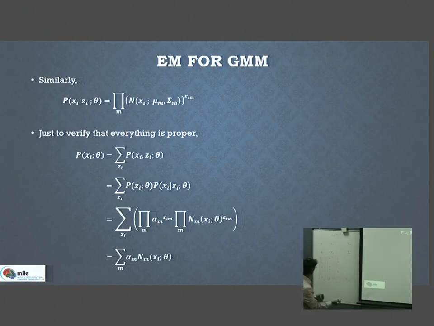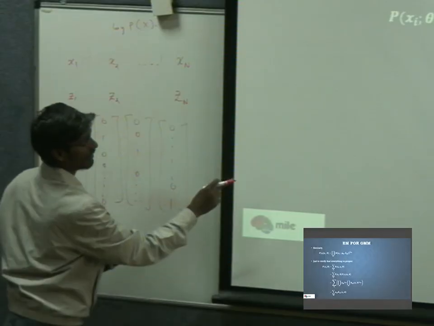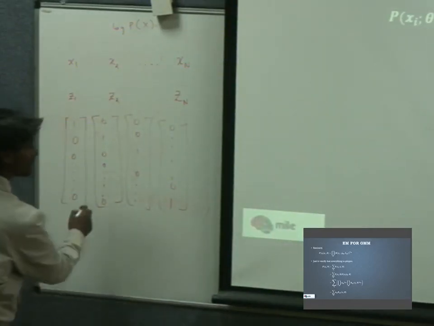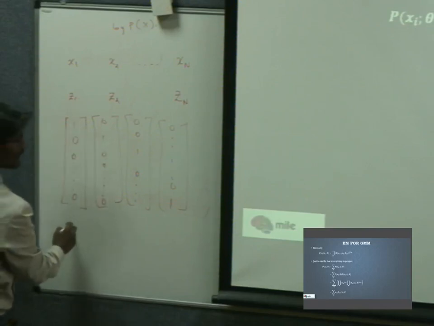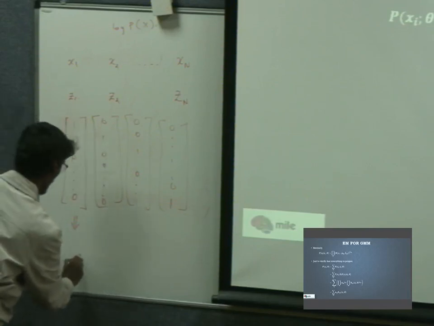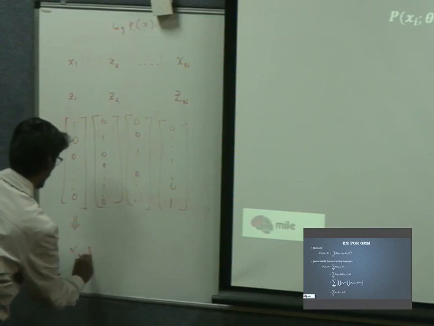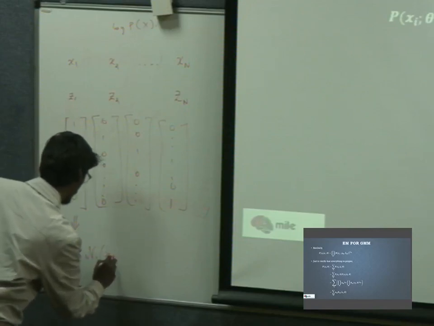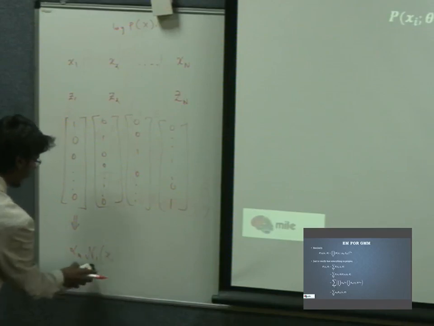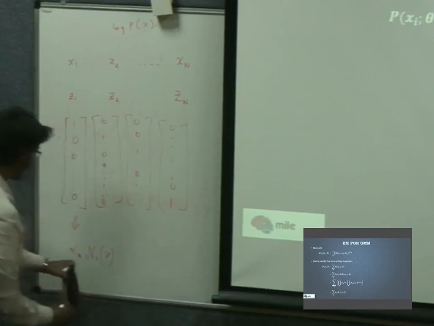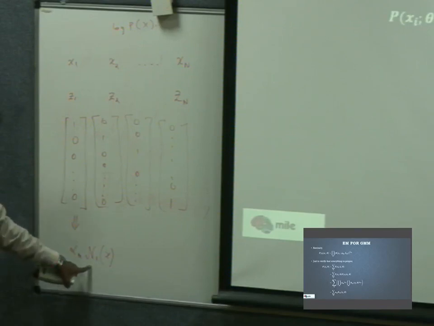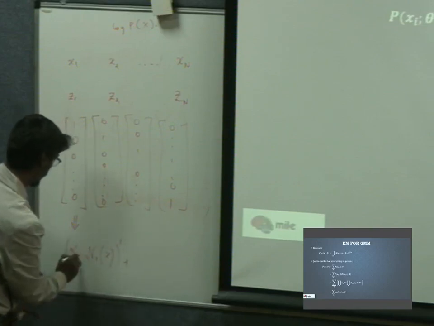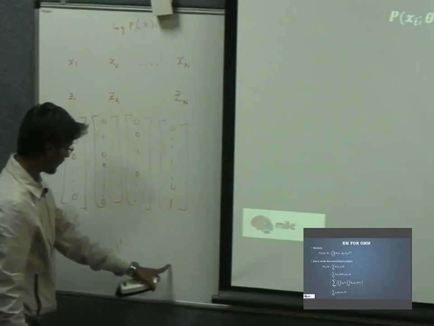When we sum over all these terms, you know that if z_i takes this value, then what you actually get is alpha 1 N1 power 1, plus alpha 2 N2 power 0, alpha 3 N3 power 0, and so on.